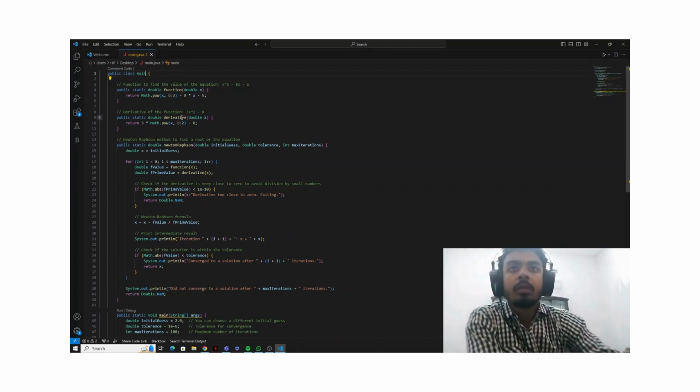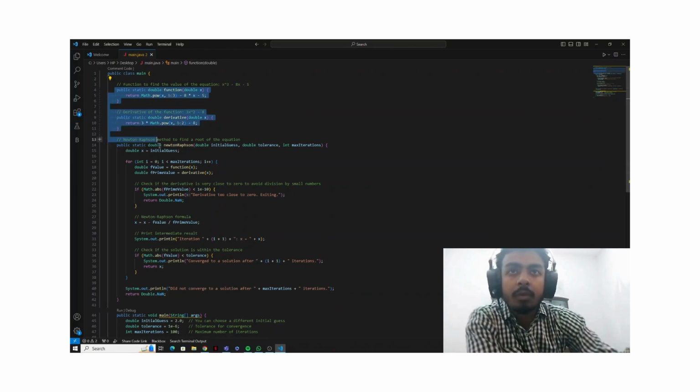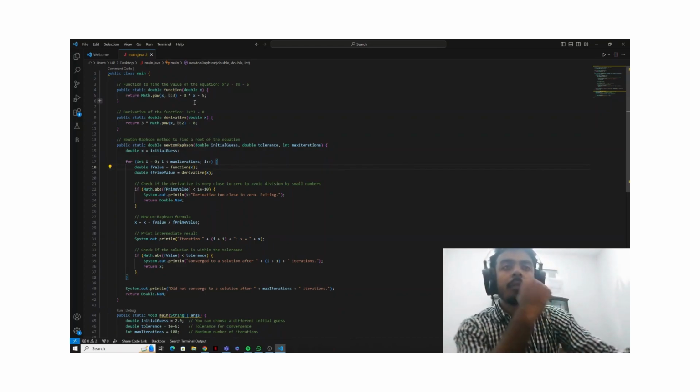As you can see, guys, here we have the 3 functions. We have the equation we have taken for our solution, the derivative formula, and the Newton-Raphson method with all the initialized parameters.